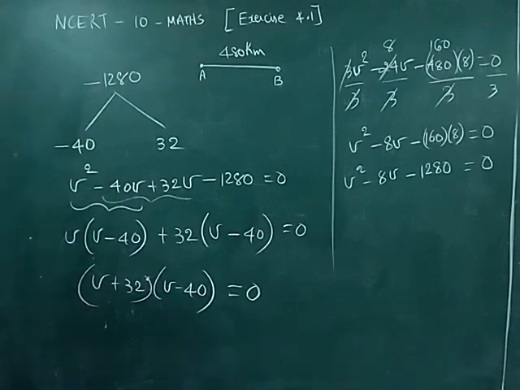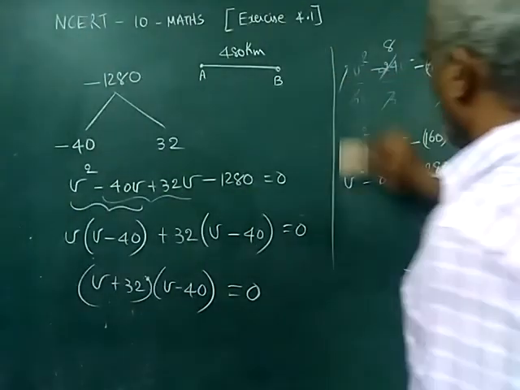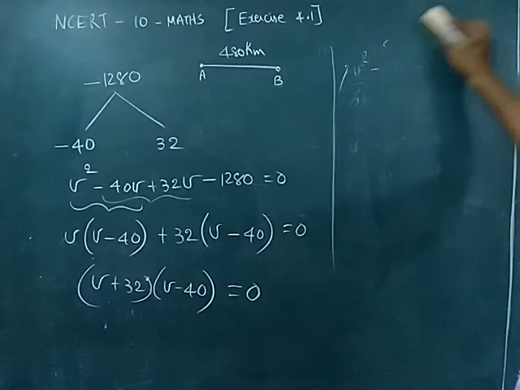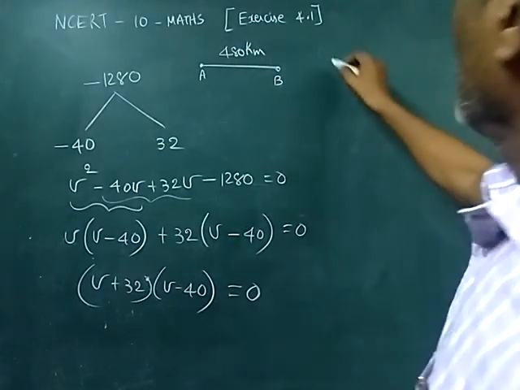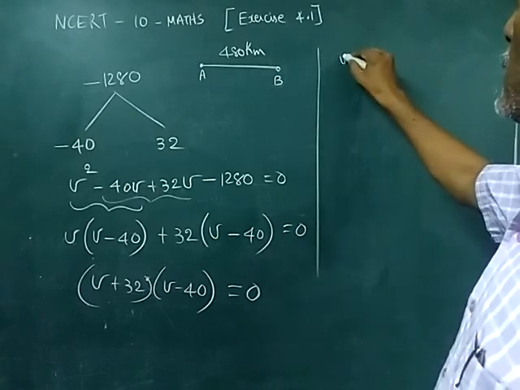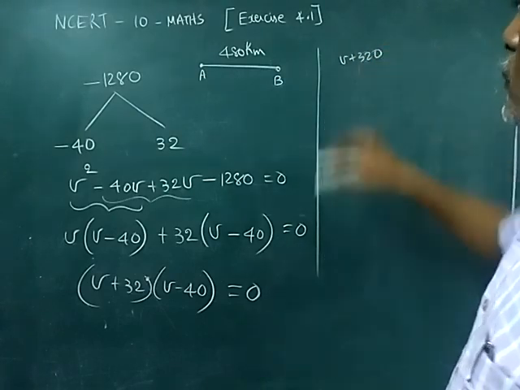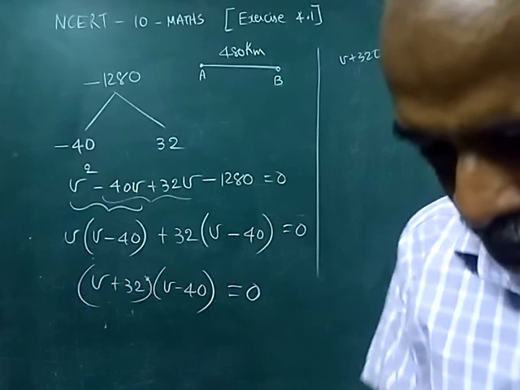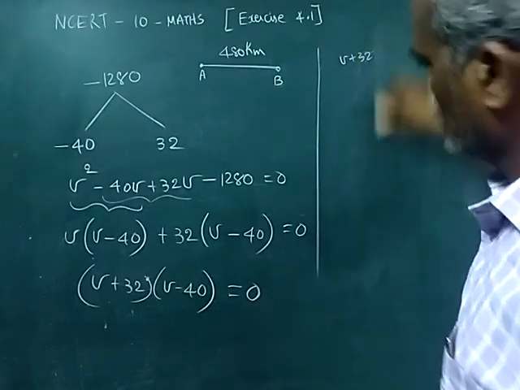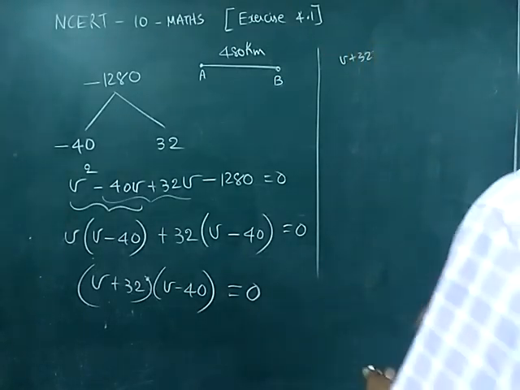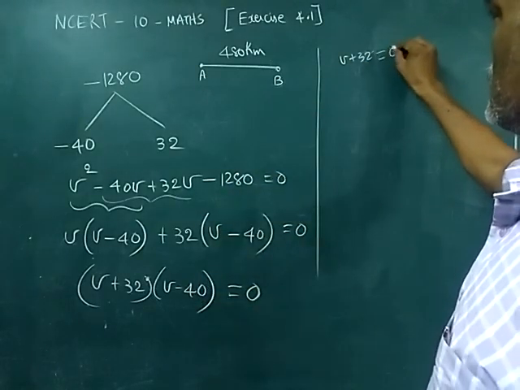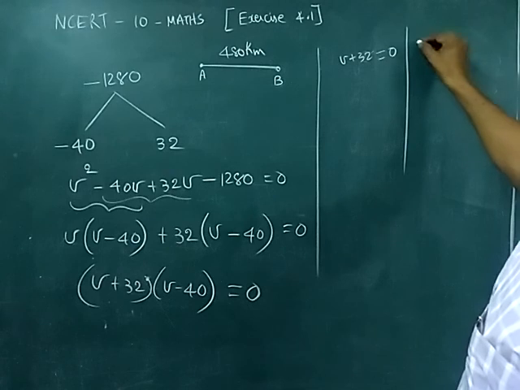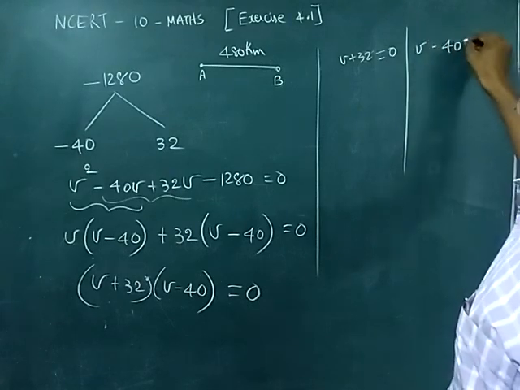So now we have two values. V plus 32 equal to 0 is one value, or you can have V minus 40 equal to 0.